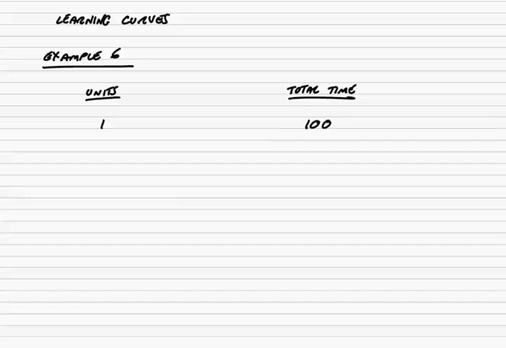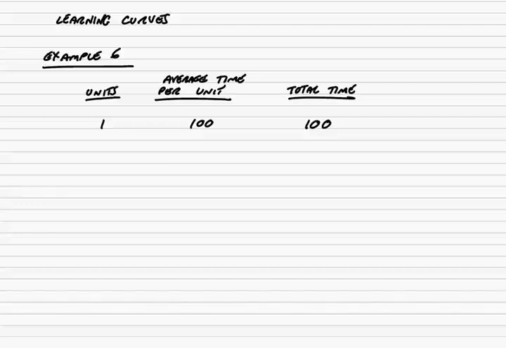Now, it may seem a little bit silly for the moment, but surely if you're making 1 unit and it takes 100 hours, the average time per unit at the moment is again 100. As I say, that may seem a little silly for the moment, but shortly it'll become important.